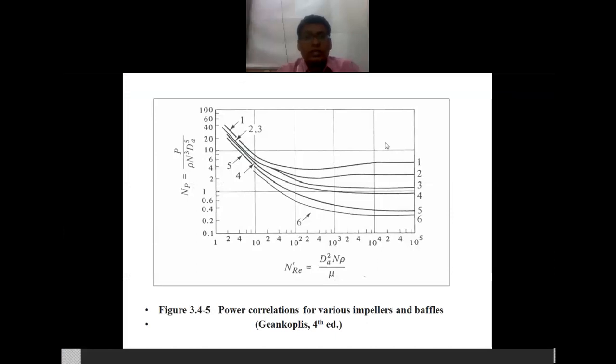This is the graph that will be plotted as Np, the power number, versus the Reynolds number. That is the power correlation for various impellers and baffles.